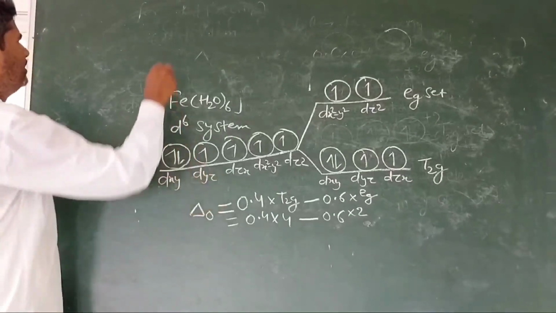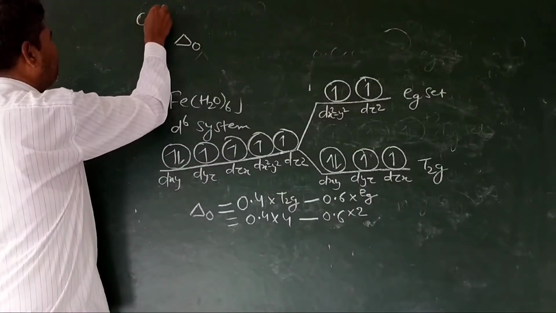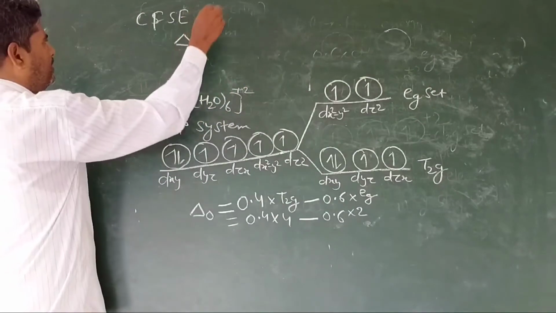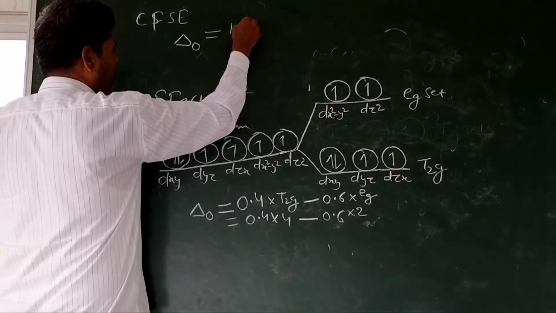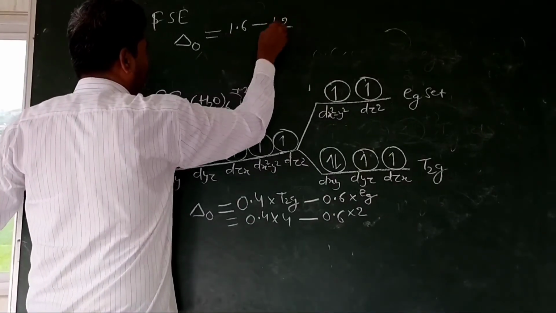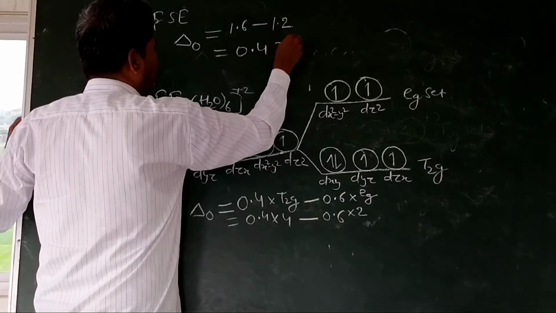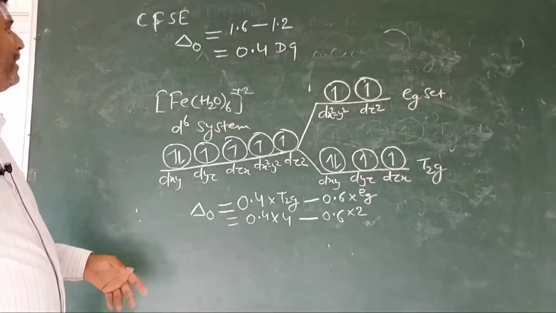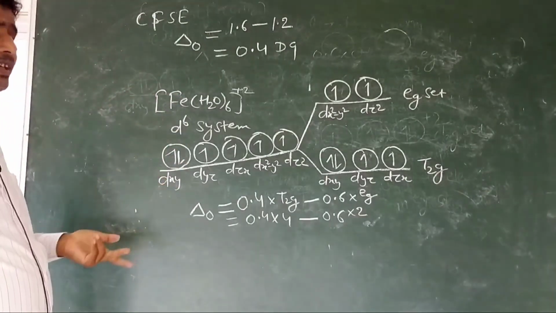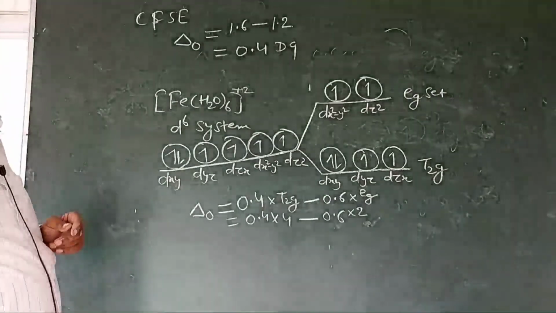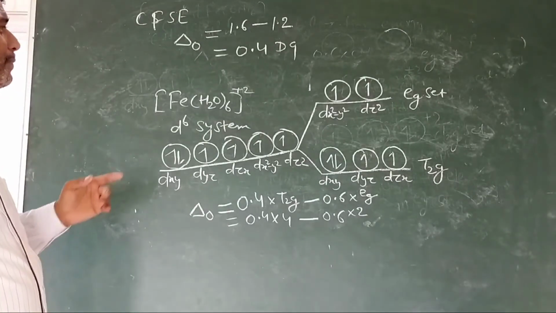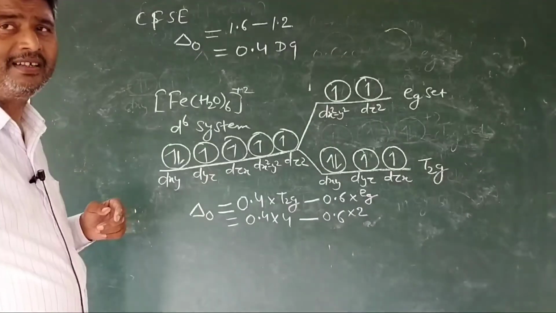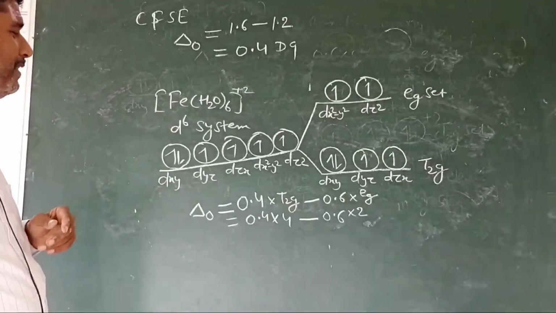Thus the crystal field stabilization energy, delta O, for this compound will be equal to 1.6 minus 1.2, which is 0.4 delta O. Now it is clear on the basis of delta O that the delta O value is maximum for the first, potassium ferrocyanide K4[Fe(CN)6], in comparison to the second, hexaaquairon(II) chloride or sulfate.